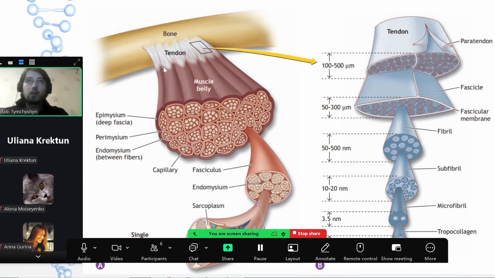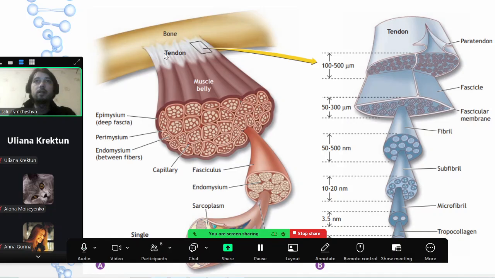Good. Muscles are connected to bones. Here is a slide that shows you that sort of connection. They interconnect the bones, and the bones create the system of levers in our body. Here is an example where muscle attaches to the bone.